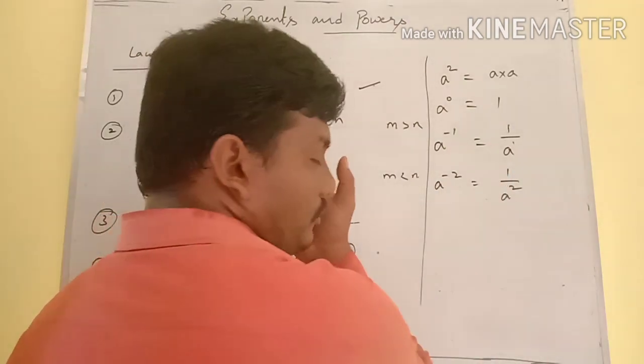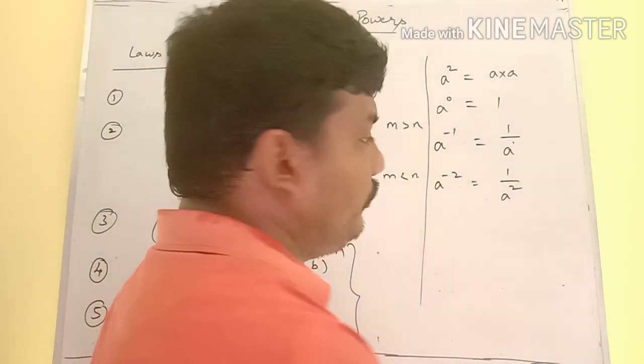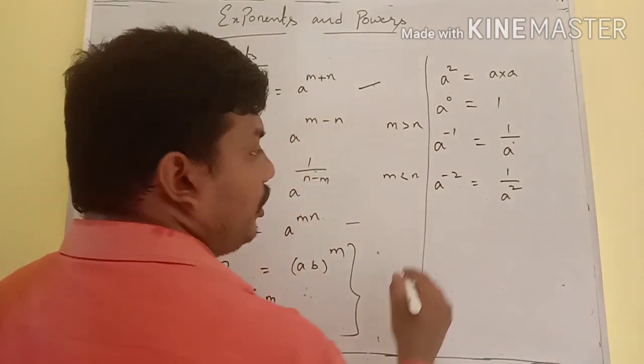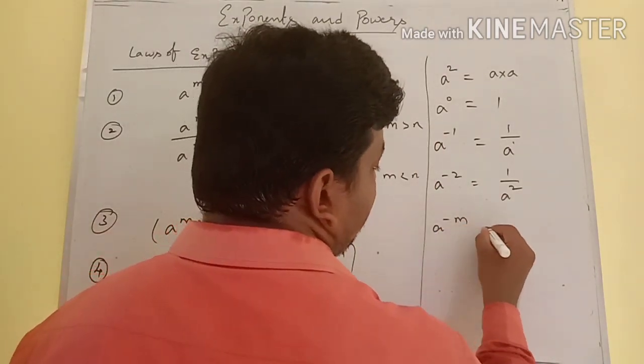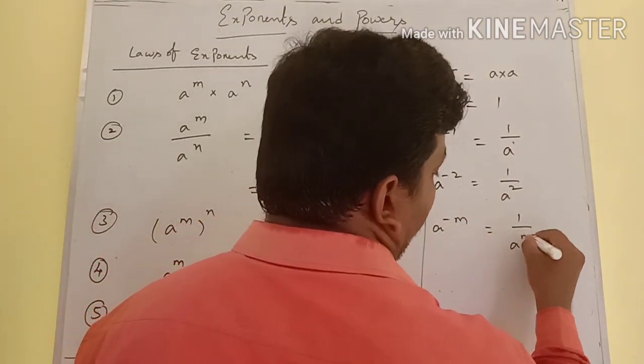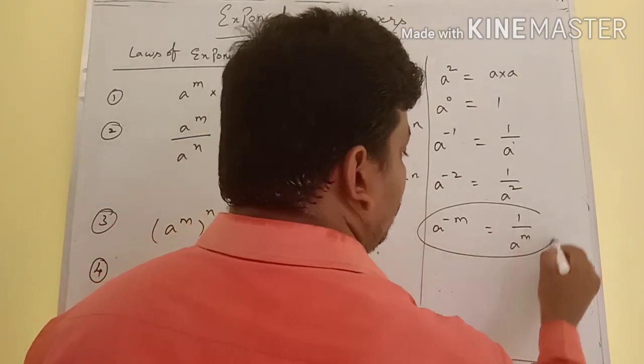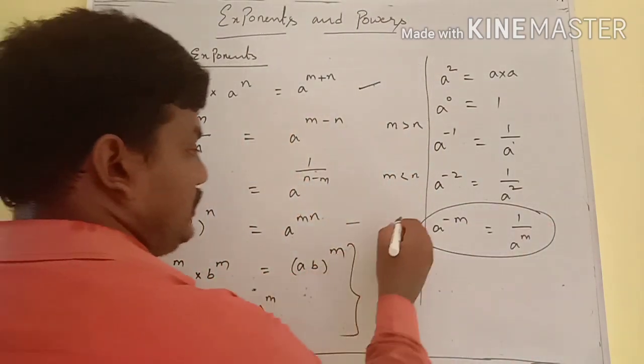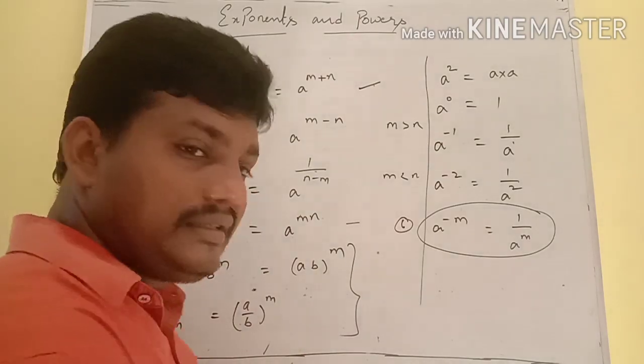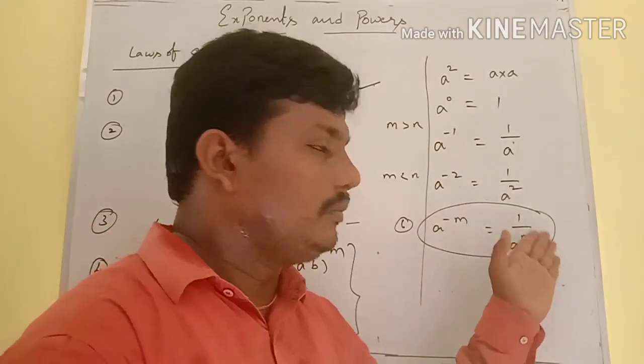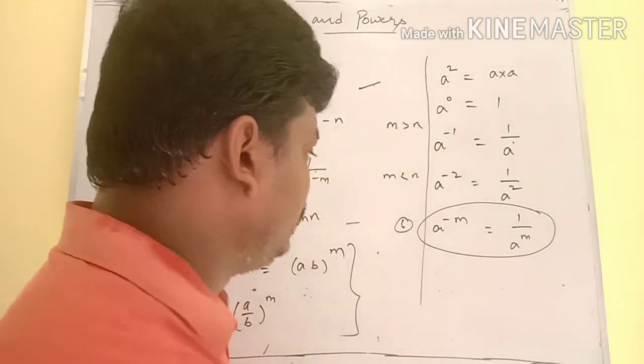Negative powers mean we take the denominator. That is, a power minus m can be written as 1 by a to the power of m. This is another formula, laws of exponents, that a power minus m is equal to 1 by a to the power of m.